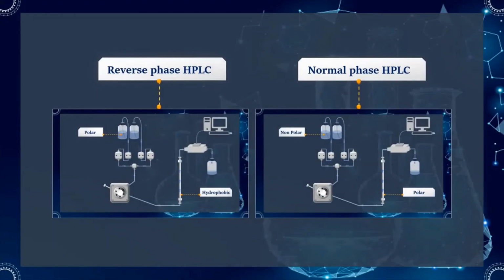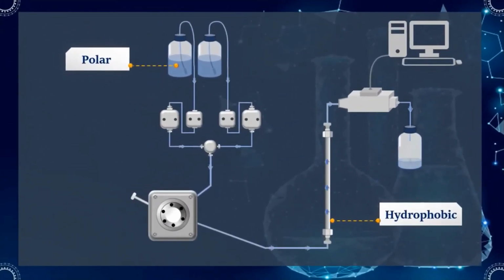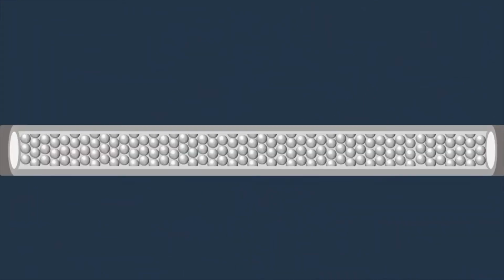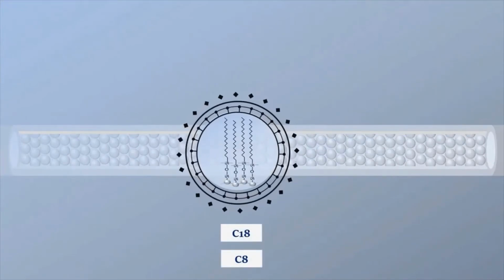There are two main types of HPLC: reverse phase and normal phase. Reversed phase has a non-polar stationary phase and moderately polar mobile phase. One common stationary phase is silica which has been modified by attaching a straight-chain alkyl group to its surface, such as the octadecyl group, C18, or the octyl group, C8.